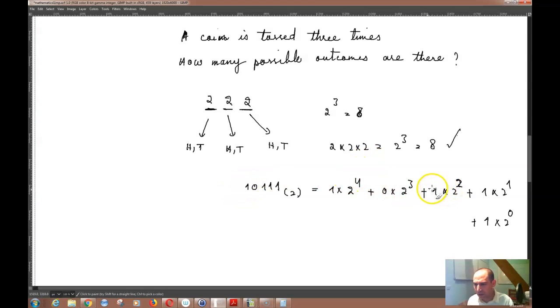The same thing happens in the decimal number system. For example, when you write 10567, this is the ones, tens, hundreds, thousands, and 10,000s place value, which is 10 raised to the power 4. This is 10 raised to the power 3, this is 10 raised to the power 2, this is 10 raised to the power 1, and this is 10 raised to the power 0.